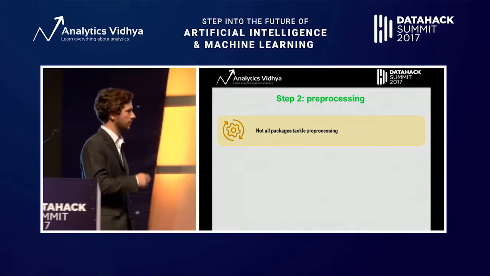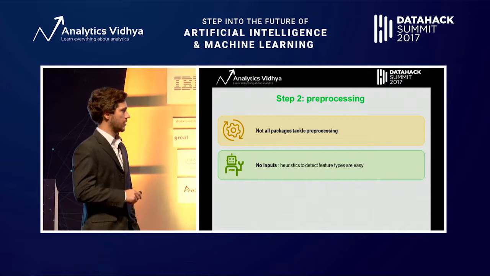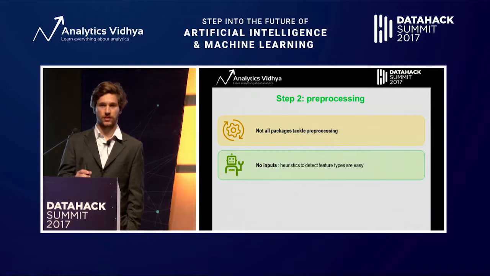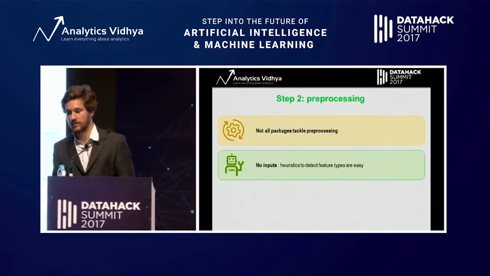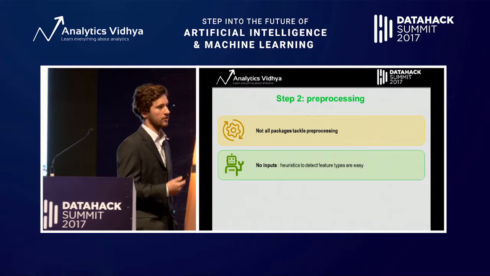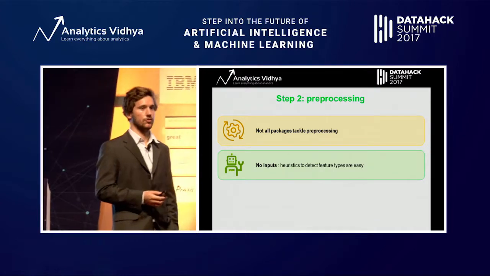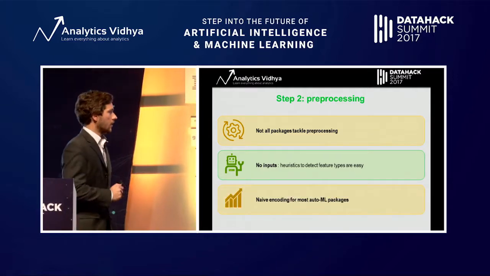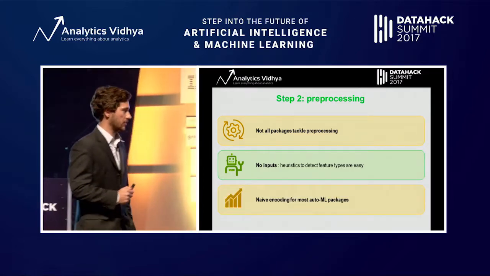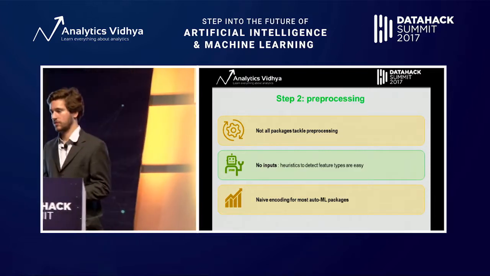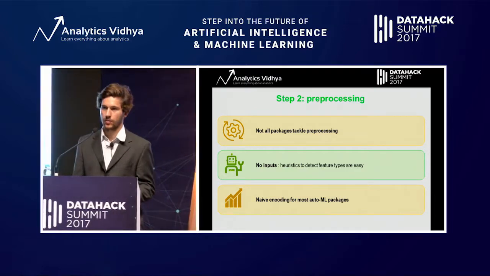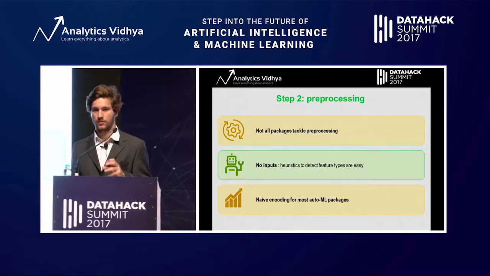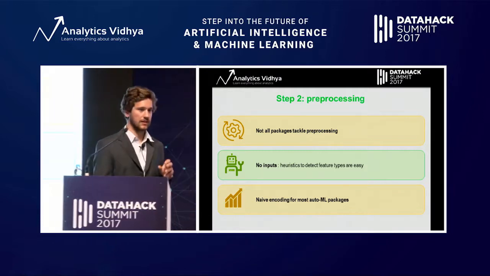So that's the problem. In terms of inputs, it's very simple, since it's very easy to detect missing values or detect feature types like categorical features. Dates are also easy to detect. So there are no inputs, so that's okay. In terms of performance, as I told you before, a lot of packages propose naive encoding, but there are no packages that use state-of-the-art methods like deep learning, or they don't focus on this.